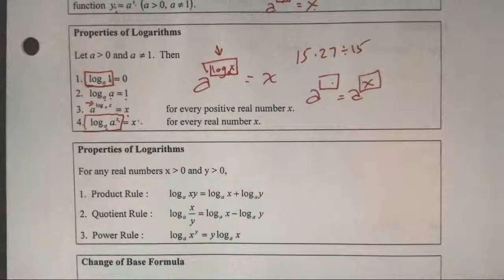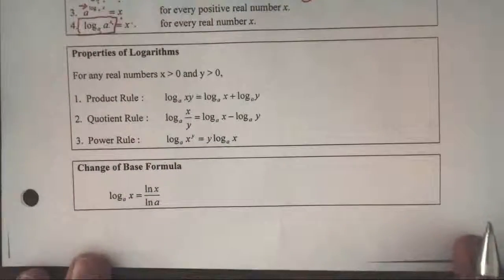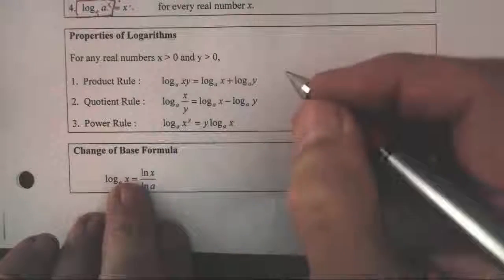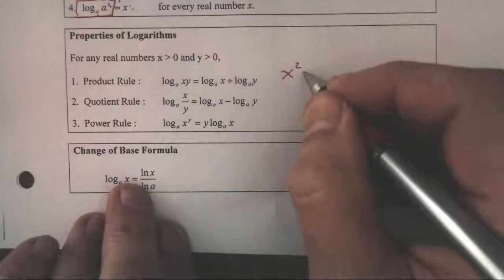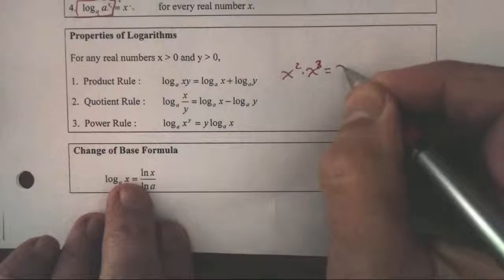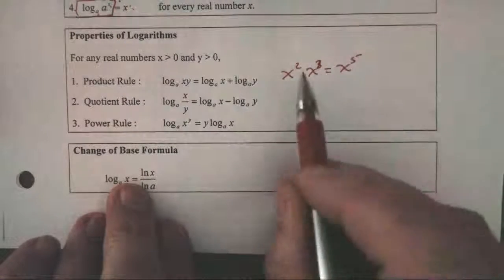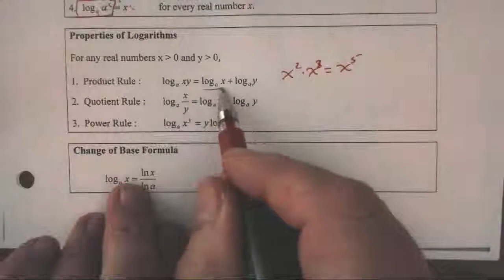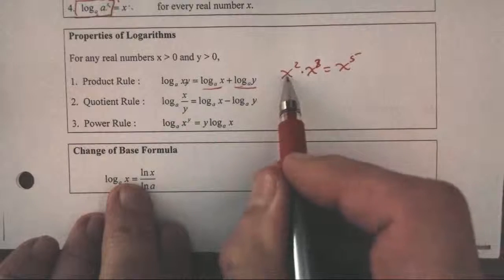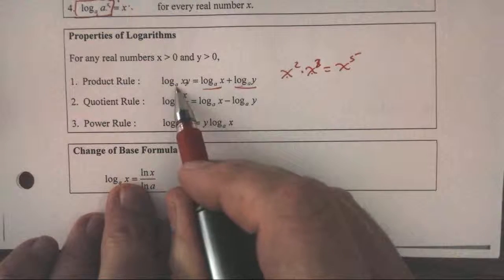What is the exponent that turns a into a to the x? x. Okay, then we have these properties. I'm not going to go into the whole explanation of why, but this first product rule has an awful lot to do with why we know that x to the second times x to the third is x to the fifth. Notice we end up adding exponents. Well, this is an exponent, this is an exponent. Notice we have a product here, a product here. We have a common base of x here, a common base of a.